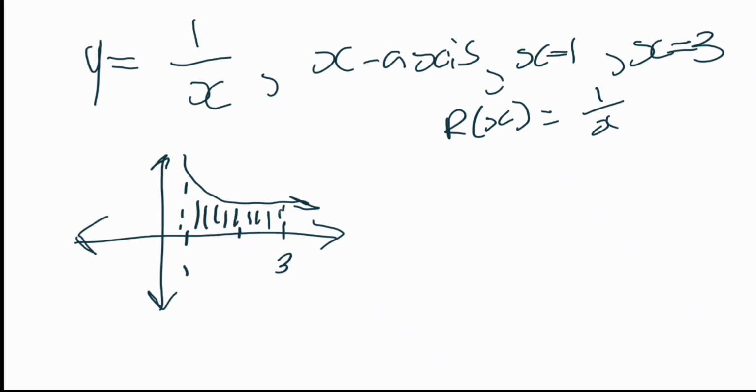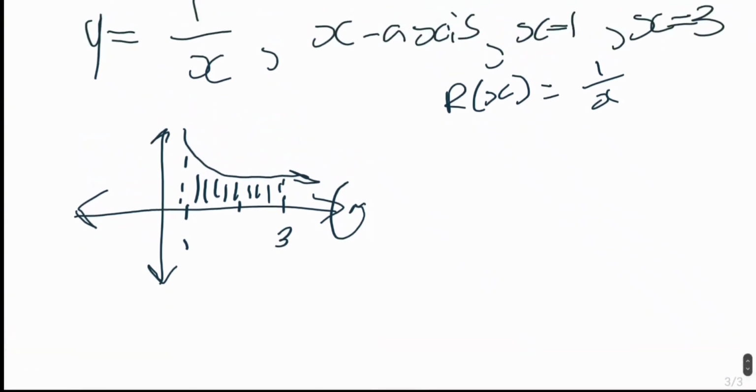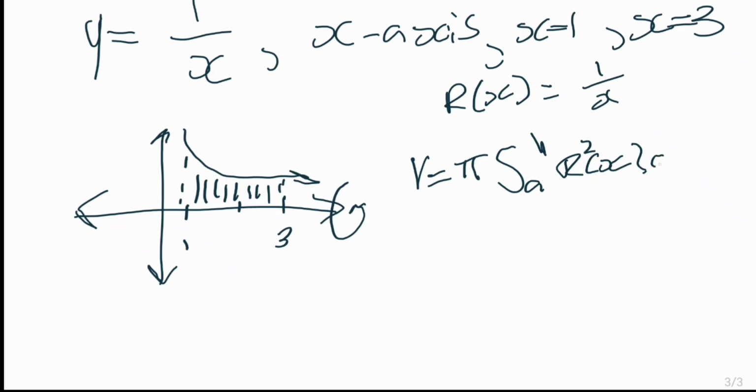And it is going to be rotated about the x-axis. Alright, so we'll just use our very simple formula here. Pi integral a to b, r of x squared dx.